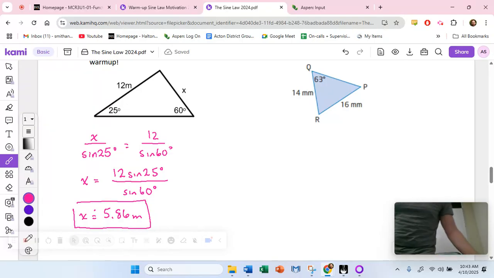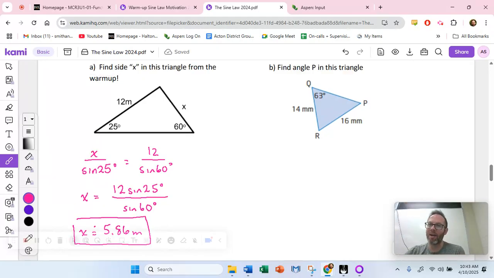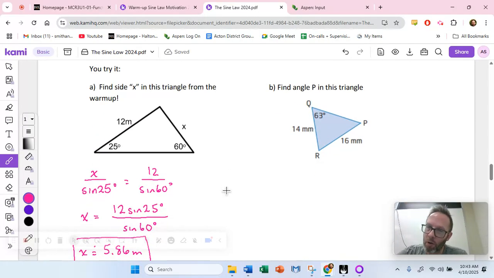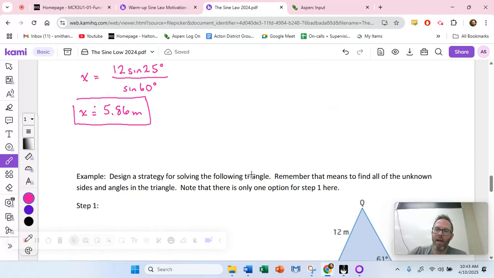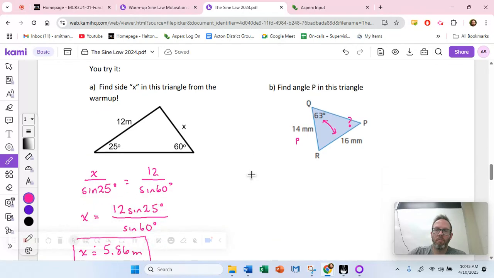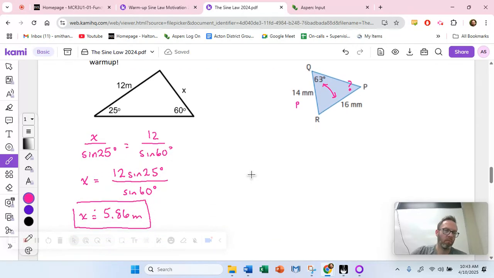I'm going to just hang on for 1 moment or so while you guys try to find angle P. So we're finding angle P here. So we are able to use the sine law. We have the Q's and side P. All right, I can't wait any longer.